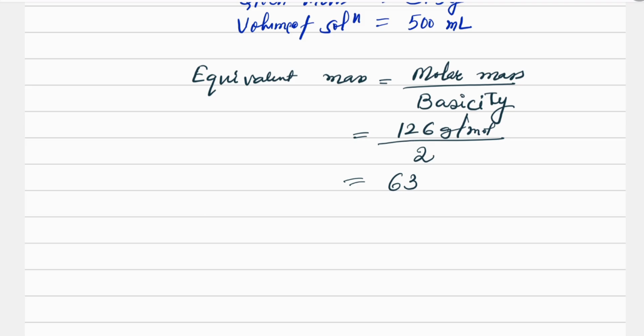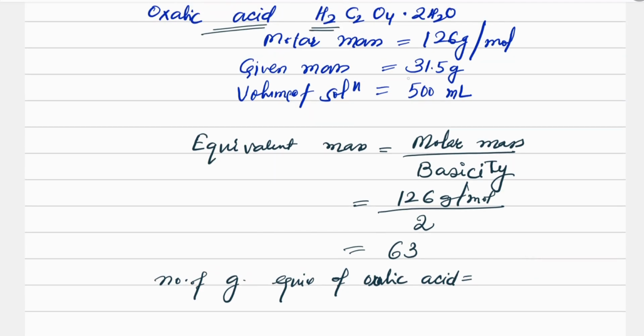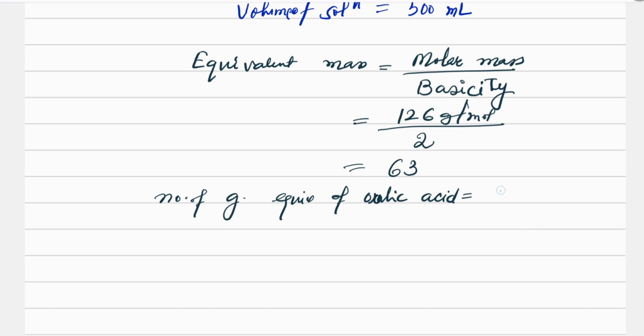So the number of gram equivalents of oxalic acid is mass given, which is 31.5, divided by 63. It becomes 0.5 gram equivalents.